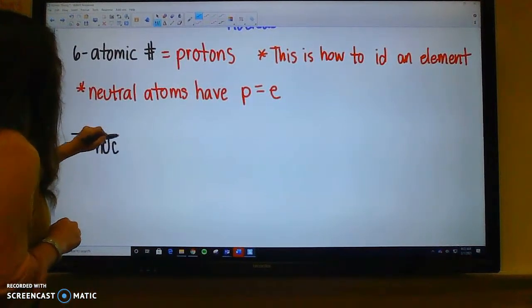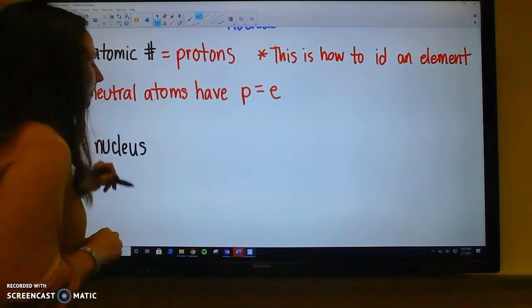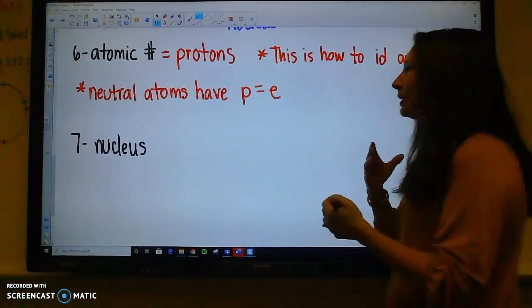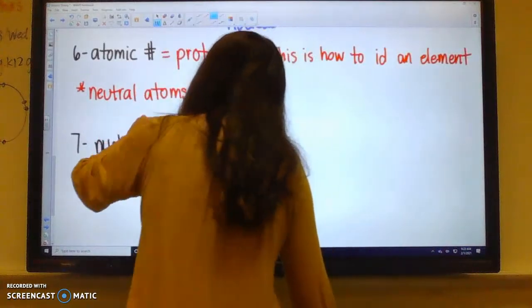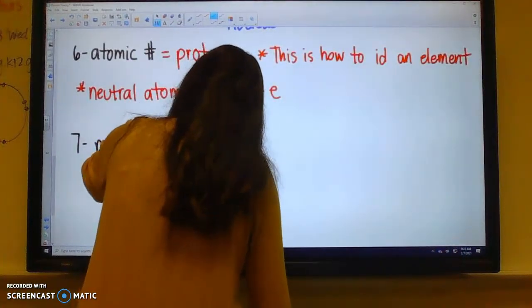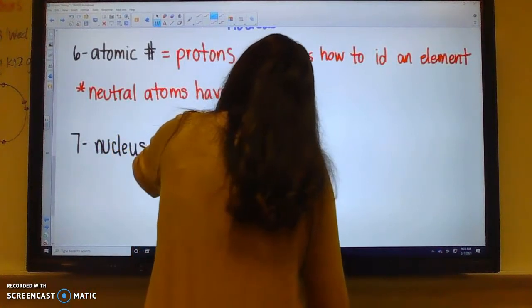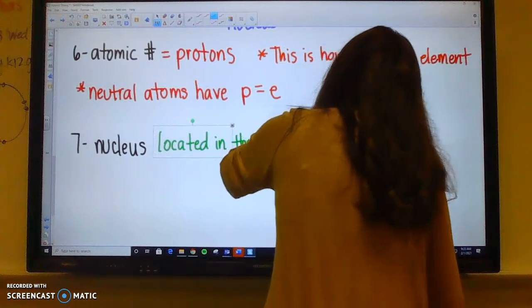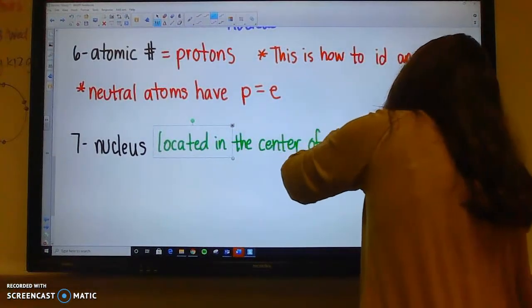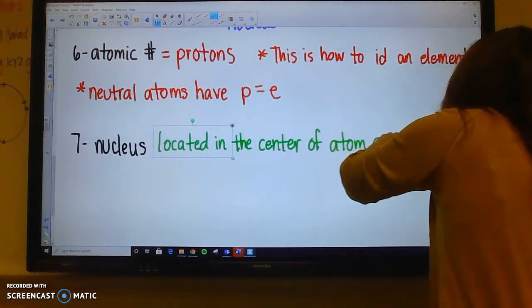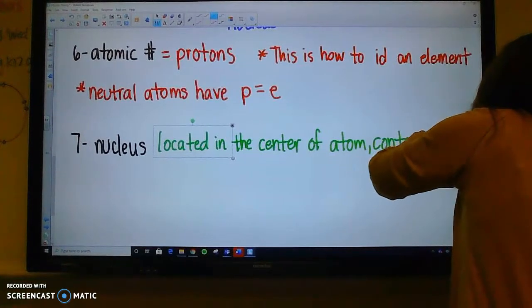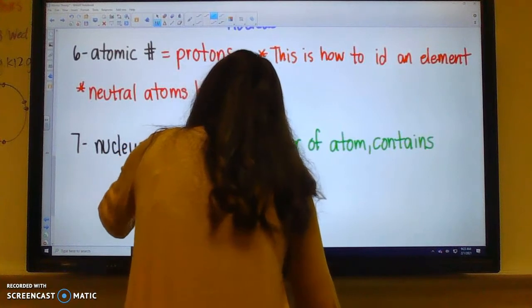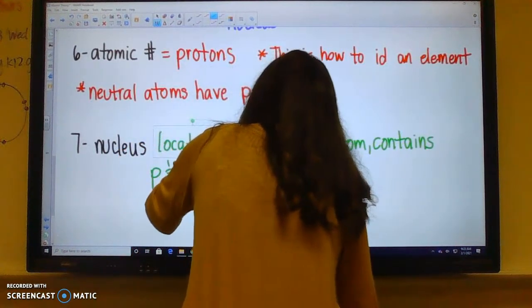We're going to talk about the nucleus. So the nucleus is located in the center of an atom. It contains protons and neutrons. It is very dense.